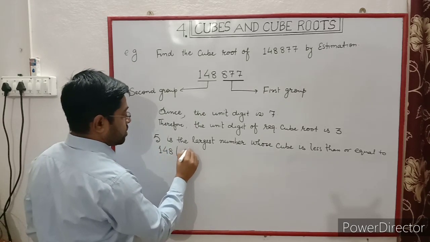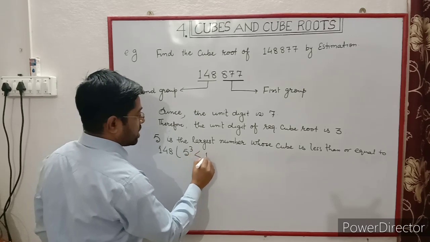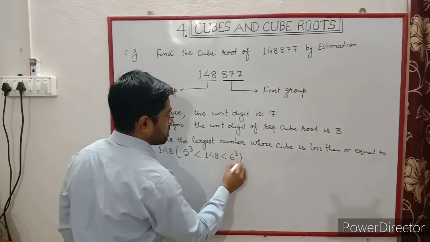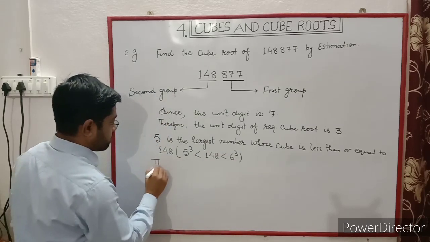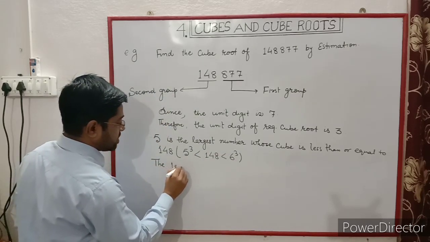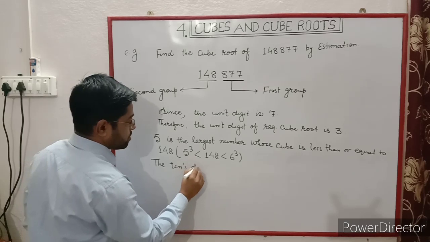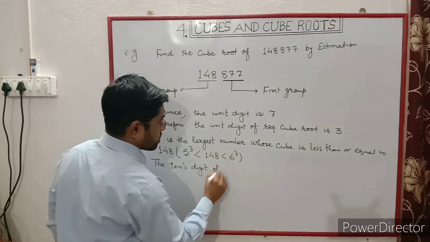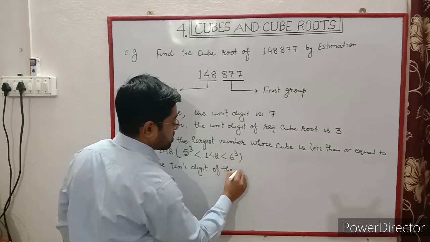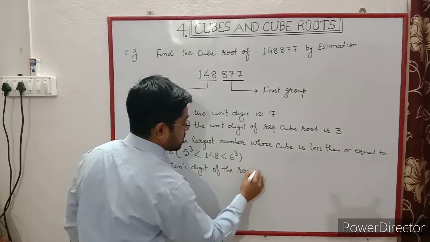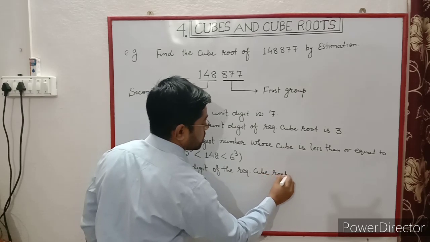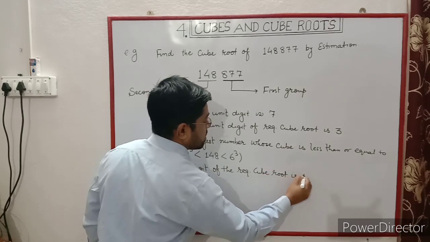That means 5 cube less than 148 less than 6 cube. So the tens digit of the required cube root is 5.